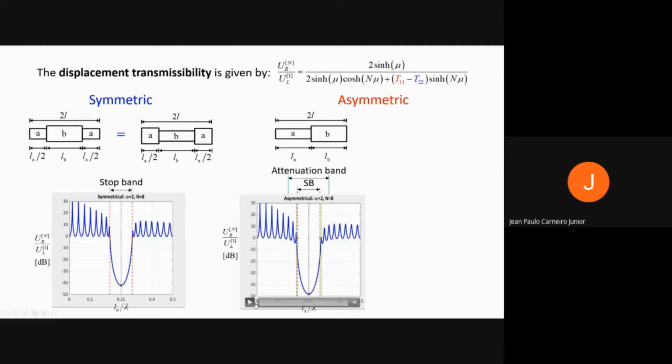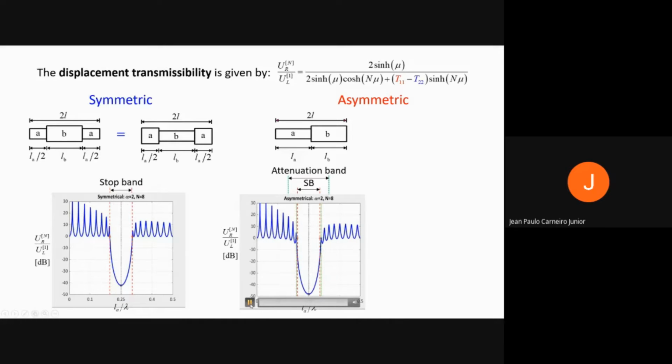When we have one cell, we can see clearly this region marked by these green lines that we call the attenuation band. This region is greater than the region of the stop band, showing us the first difference between asymmetrical and symmetrical elements. And when we increase the number of asymmetrical cells, this band tends to be the same as the stop band.